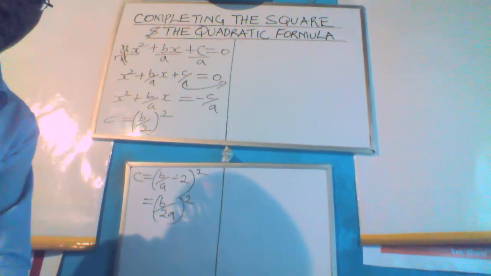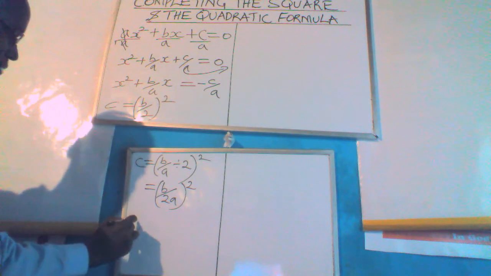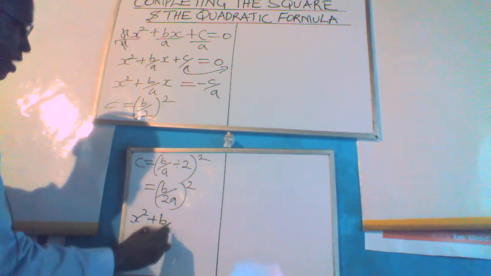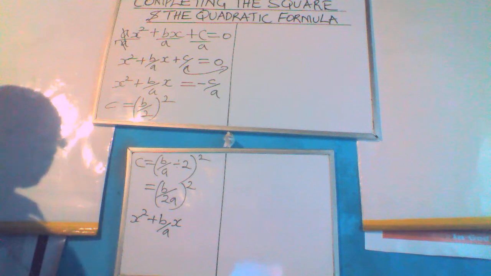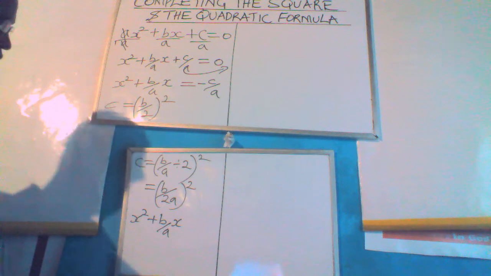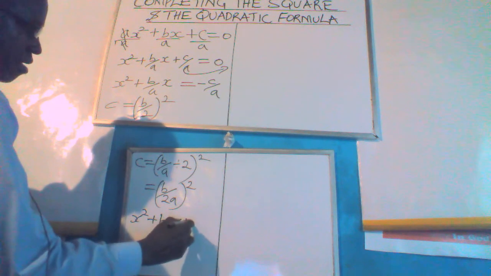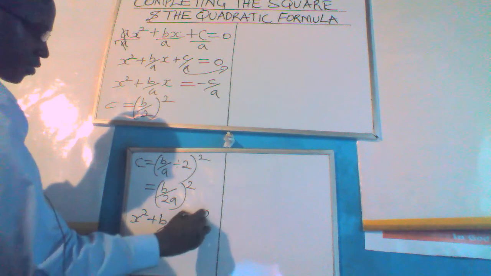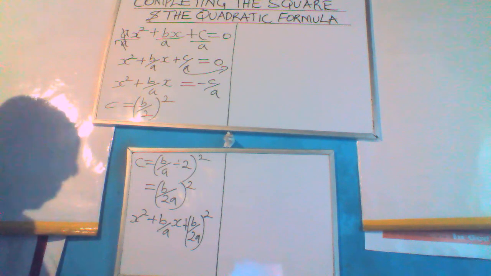The next step is to introduce the new c in the expression. The previous expression was simply x squared plus b over a x. Now introducing the new c, which is b over 2a squared on the left hand side, and proceeding to do so on the right hand side as well.